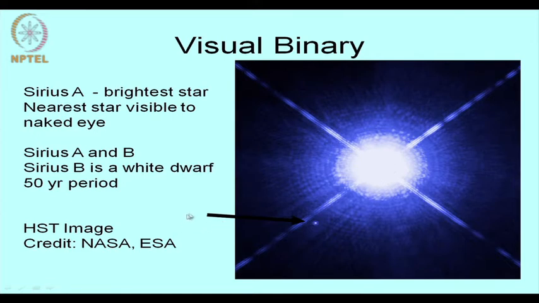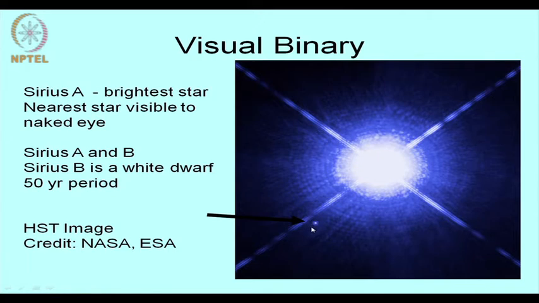What is interesting from our point of view is that there is another star which you would not notice if you were to look at Sirius A, and this star is called Sirius B, and Sirius B is a white dwarf. It is a very small star, and the arrow here shows you the location of the white dwarf, it is over here.